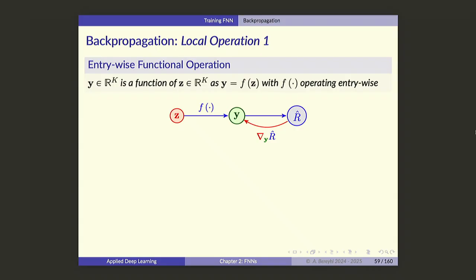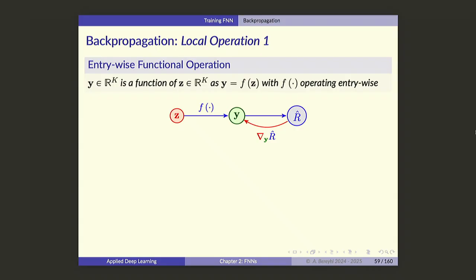Say that z, which is a vector of k dimensions, gives you r hat in one shot, and you don't care what is happening in between.